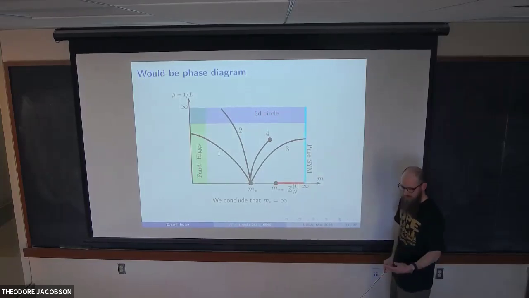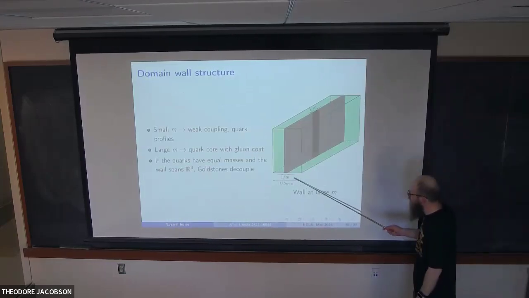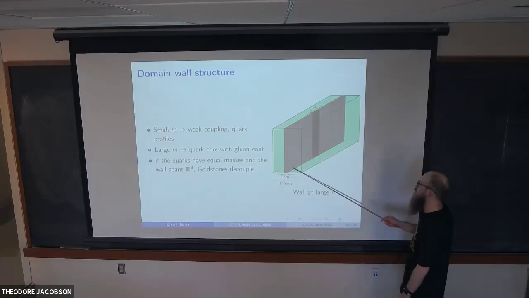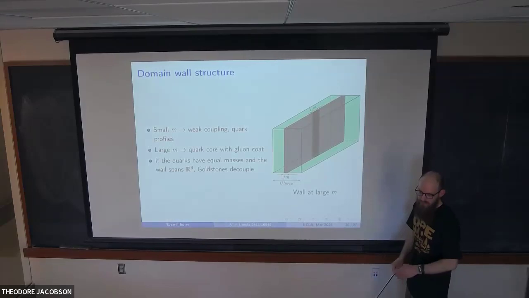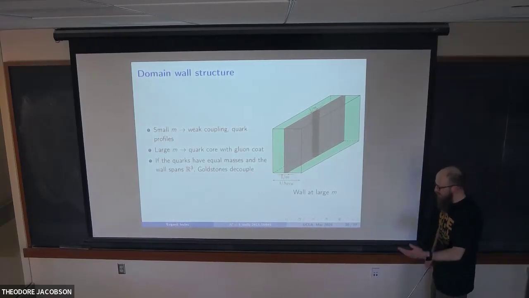The only way we could make sense of it is, again by looking at this picture, that to probe this region you need to go to infinite energies, and then the domain wall multiplicity is not seen anymore.